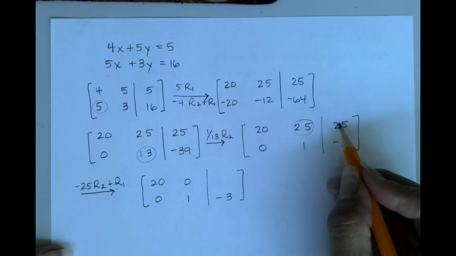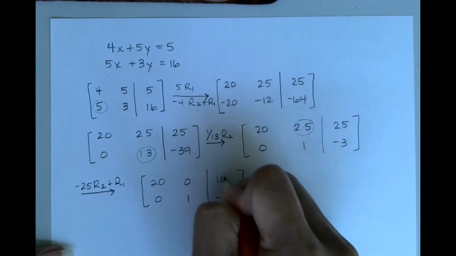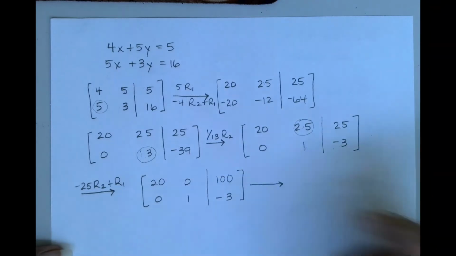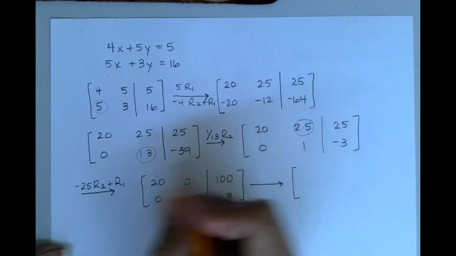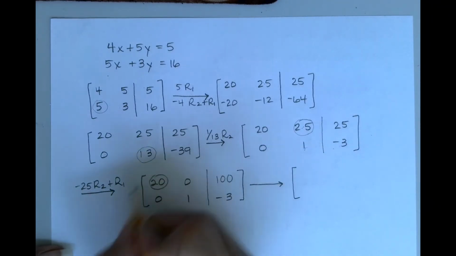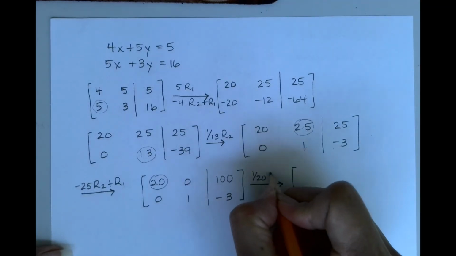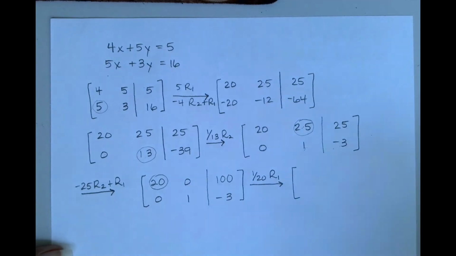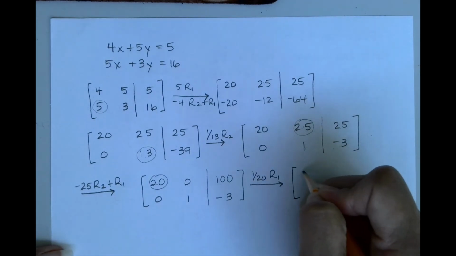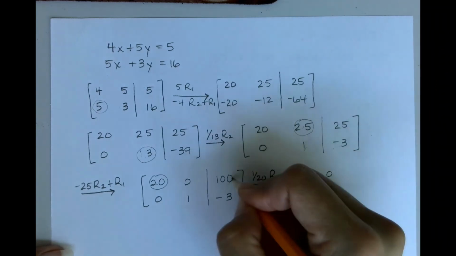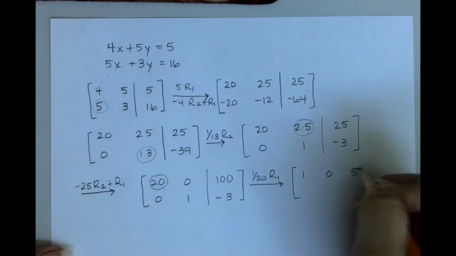Positive 75 plus 25 is 100. Now, I will want to get this number to become a 1, so I am going to multiply row 1 by 1/20, or divide by 20, and so that will become a 0. If I did divide this by 20, it's still going to be 0, and this number by 20 is going to be a 5.